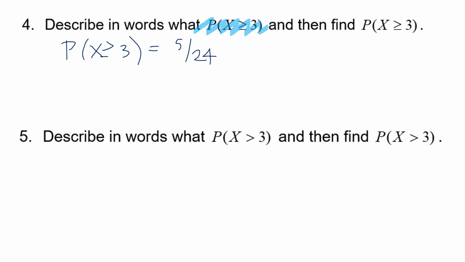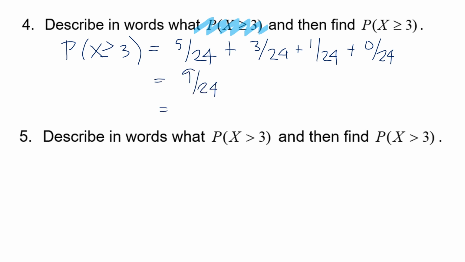So 5 plus 3 plus 1 plus 0, which should be 9, which is 0.375. So the probability that a randomly chosen student has 3 or more children in their family, based off of my data from last year, would be 0.375.